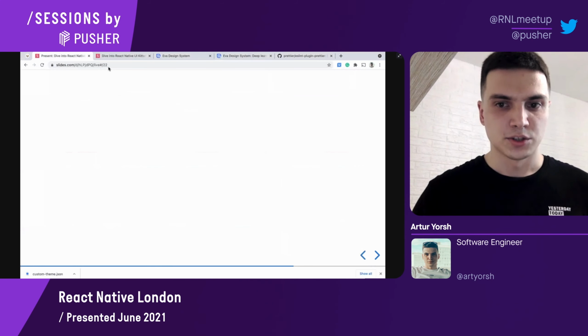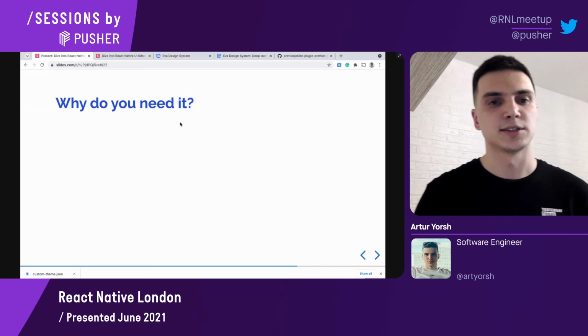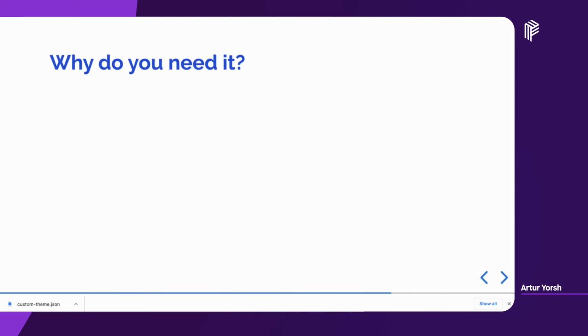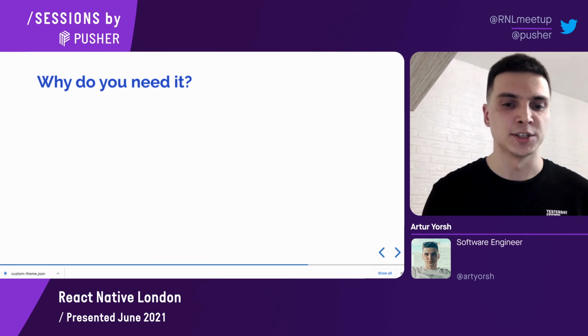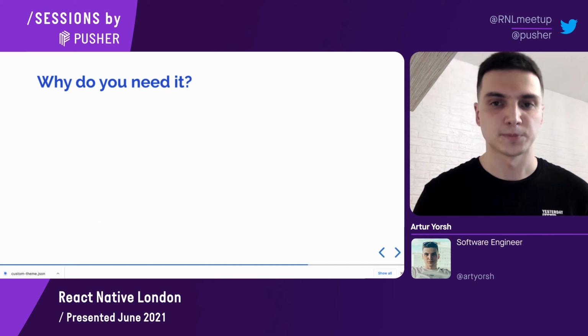So just to summarize all of that, let me explain why we actually need to rely on UI kits in our app. To answer this question, let me show you one screenshot of an app that I had a chance to build for a startup company which specializes in medical services and veterinary.